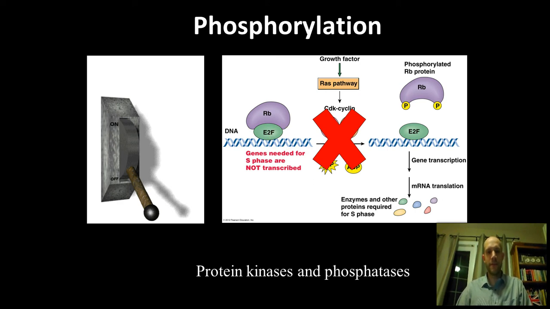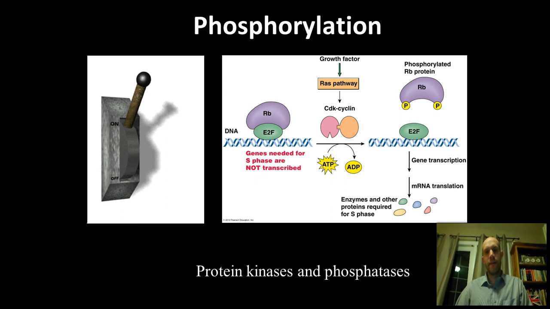However, if this becomes phosphorylated, then the RB protein moves off the transcription factor, allowing it to carry out transcription and produce the proteins needed for S phase. CDK, which we've mentioned before, cyclin-dependent kinases, in conjunction with cyclin, work to phosphorylate this protein.